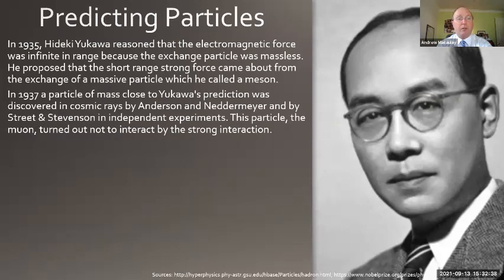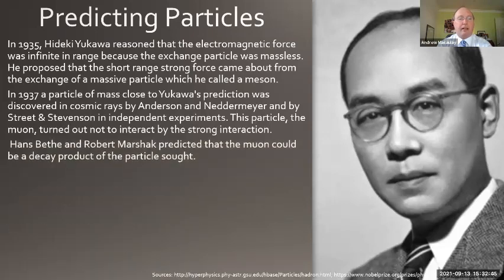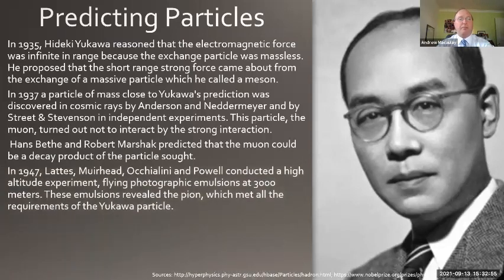This particle, the muon, turned out not to interact by the strong interaction. Hans Bethe and Robert Marshak predicted that the muon could be a decay product of the particle sort. In 1947, Lattes, Muirhead, Occhialini, and Powell conducted a high-altitude experiment flying photographic emulsions at 3,000 meters.